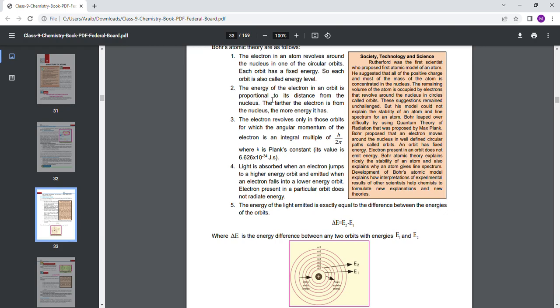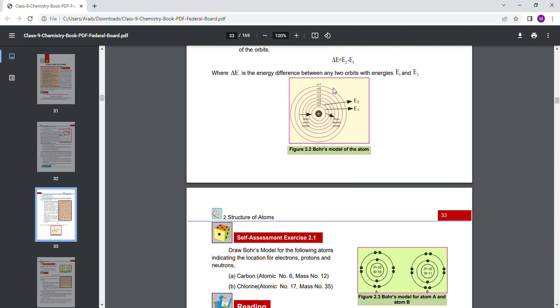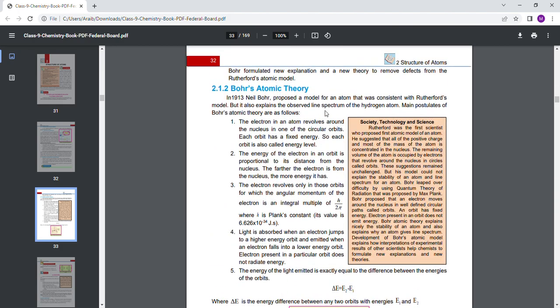Number 2: the energy of the electron in an orbit is proportional to its distance from the nucleus. The farther the electron is from the nucleus, the more energy it has. If an electron lies in the outermost circle, it has more energy than an electron in the first circle.